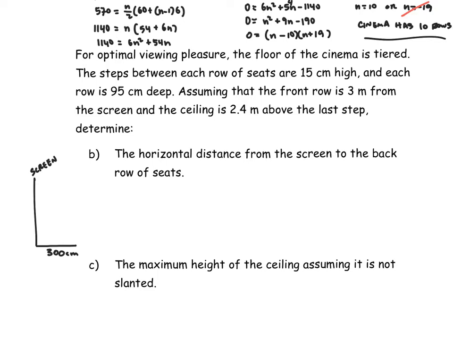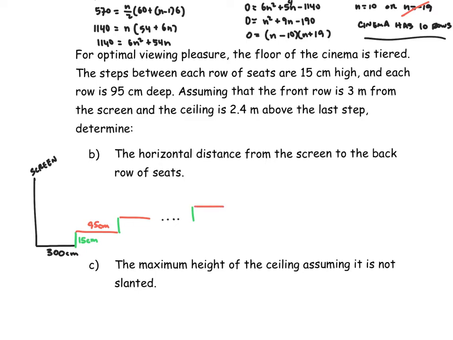Let's do this in a different color. Let's go up 15 centimeters for every green segment we see. Then every row, like we said, is 95 centimeters. So we're going to continue to go up and over for the entirety of the cinema, until we hit the very back of the cinema.